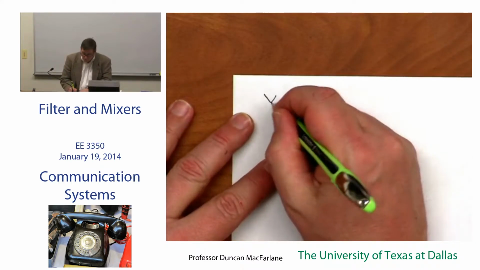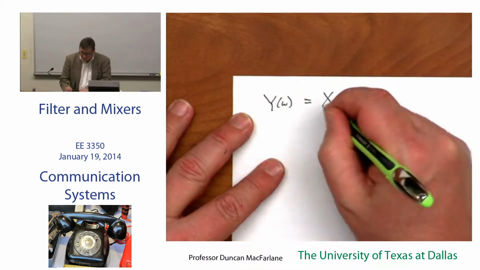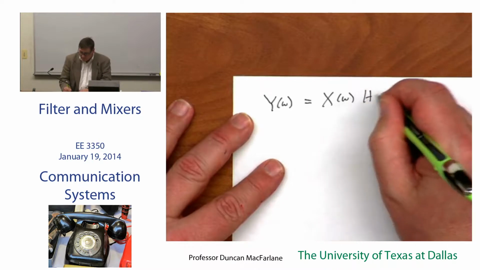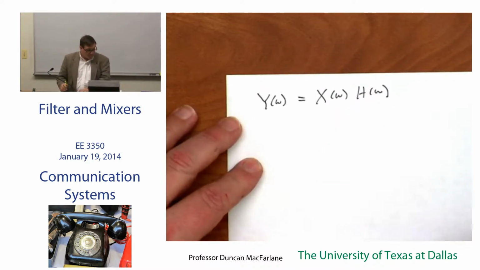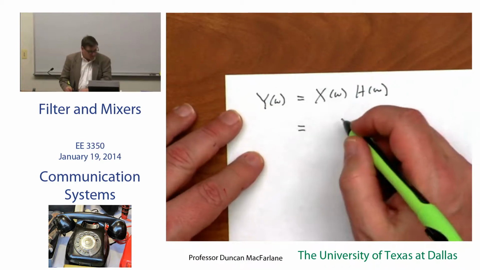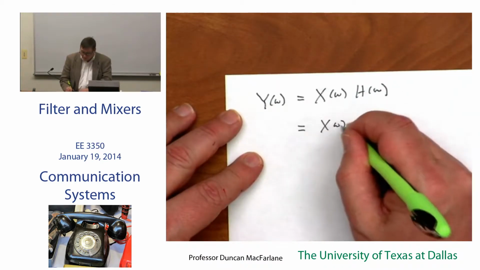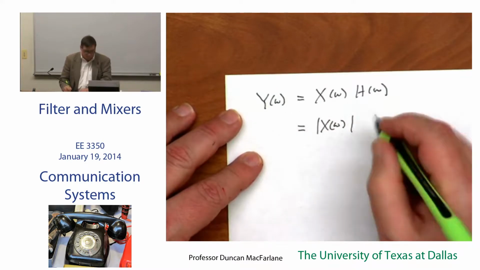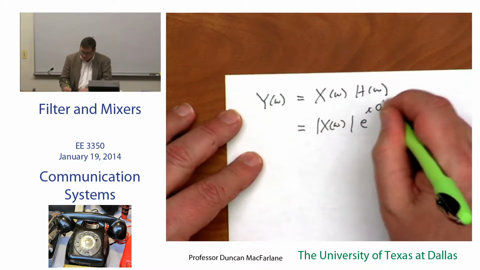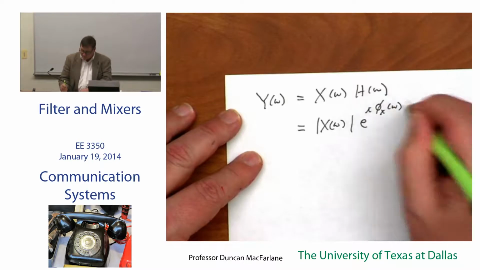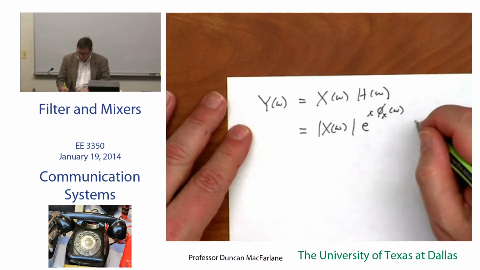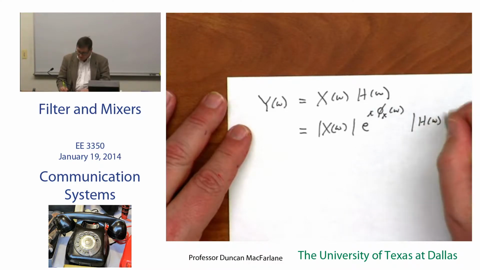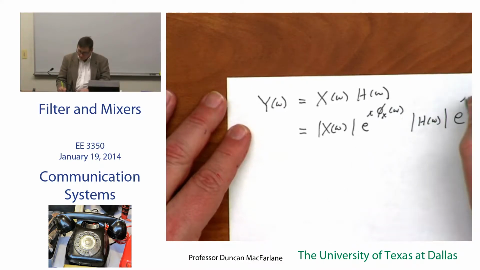is that if I write Y of omega is equal to X of omega multiplied by H of omega, what I'm really writing is that this is equal to the magnitude of X of omega times e to the i phase function of X, and then H of omega is the magnitude of H of omega in polar form times the phase function of H of omega.